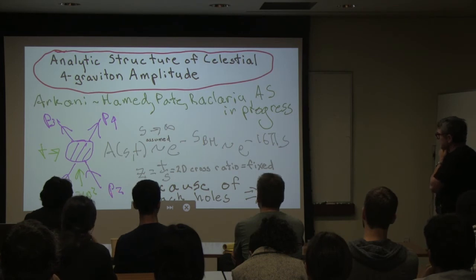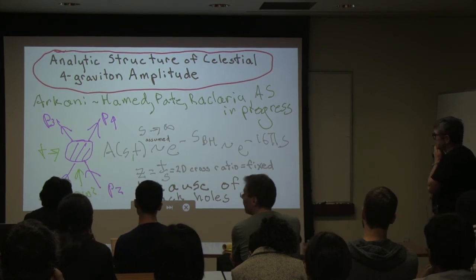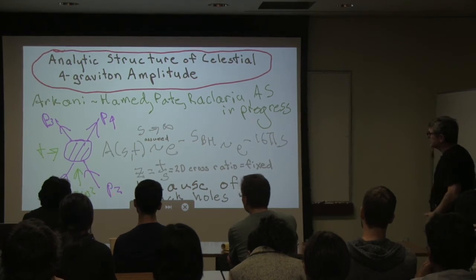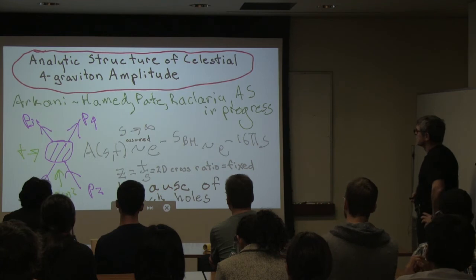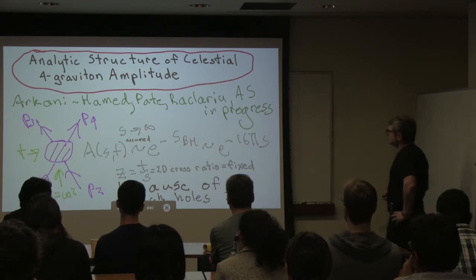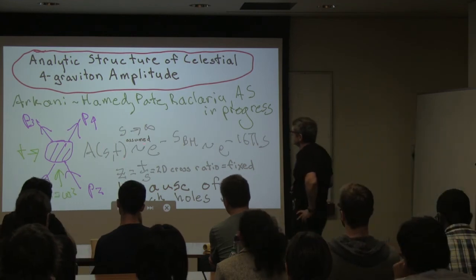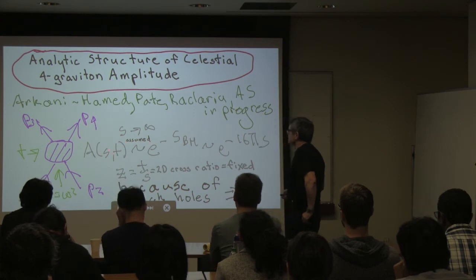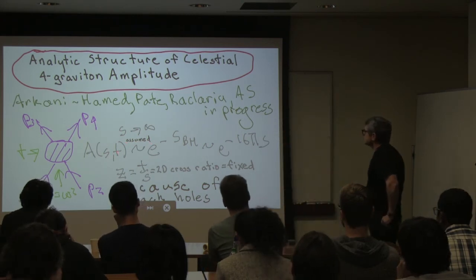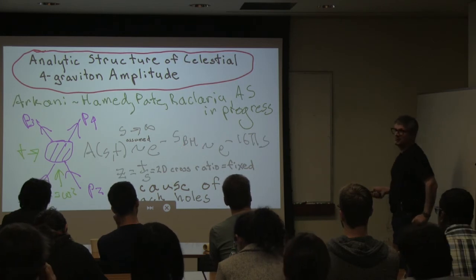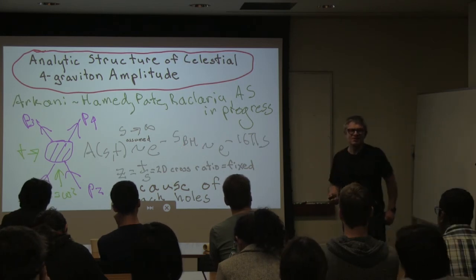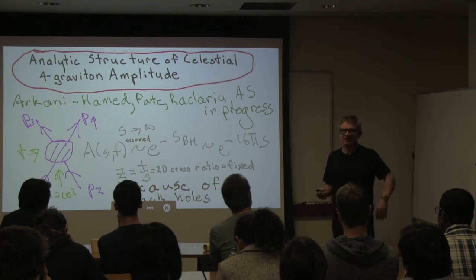What are we looking at here? Okay, so we've been looking at the 4-graviton scattering amplitude, and the first thing we want to do is, and this is a standard assumption, that gravity has to be very soft at very high energies. And why does gravity have to be very soft?